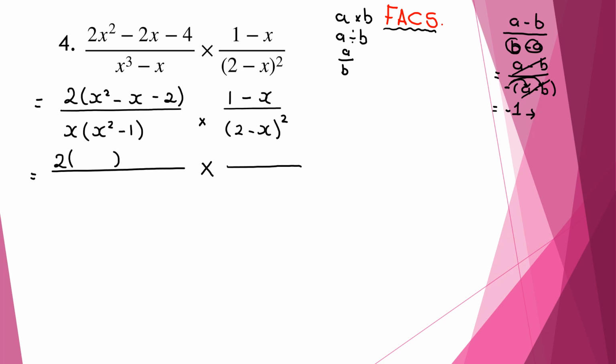We can see that it's a trinomial, and we want to get minus 1, so we're going to go x minus 2 and x plus 1. And then in my denominator, I have a difference of 2 squares in the bracket, so I go x plus 1 and x minus 1. Now in this fraction here, I'm hoping that you can see that the x plus 1s will cancel, right?